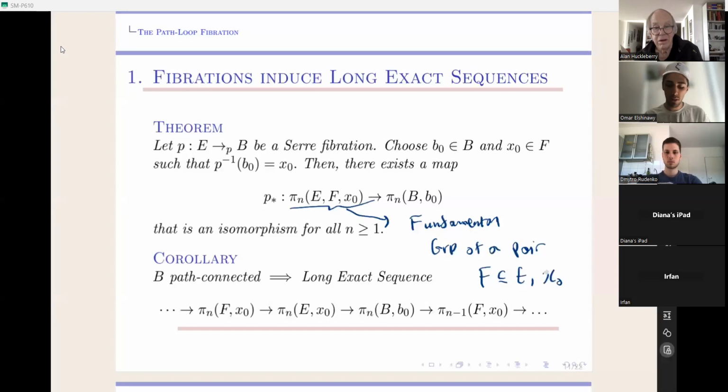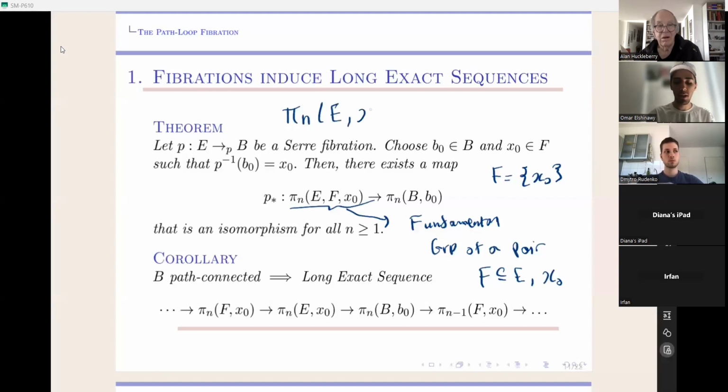So this is the generalization of the higher homotopy groups. If you take F, for instance, to be just X naught, then you get the normal higher homotopy group, something that looks like this.